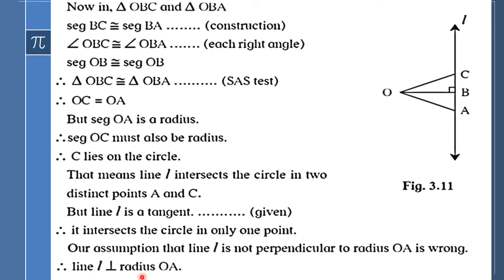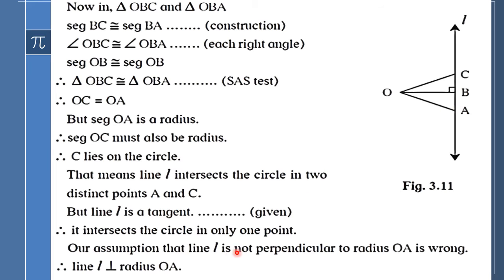So our assumption that line L is not perpendicular to radius OA is wrong, because when we assumed that, we concluded that there are two points on the line which lie on the circle, which is contradictory to the definition of the tangent.